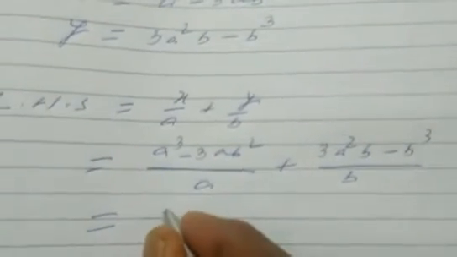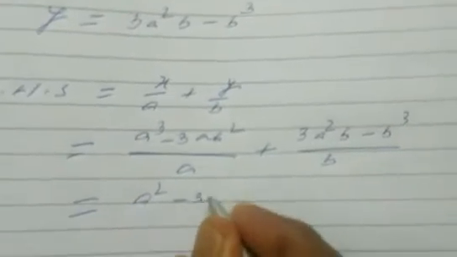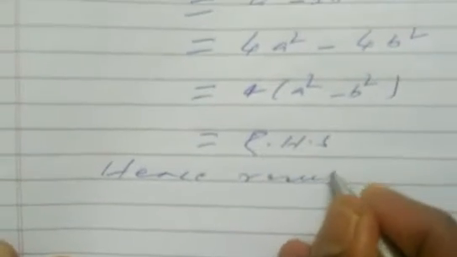Taking common a from the numerator, this is a square minus 3b square, and b will go out, and it is 3a square minus b square. Now further we'll add, this is 4a square minus 4b square. We'll take 4 common, then it will be 4(a square minus b square), which is RHS. Hence the result follows.